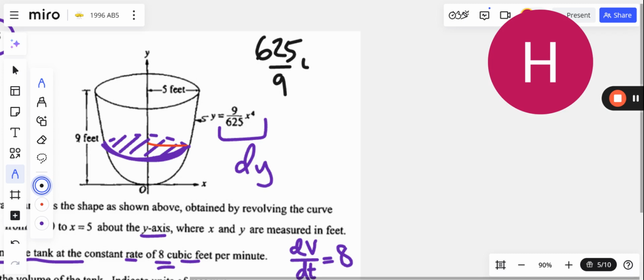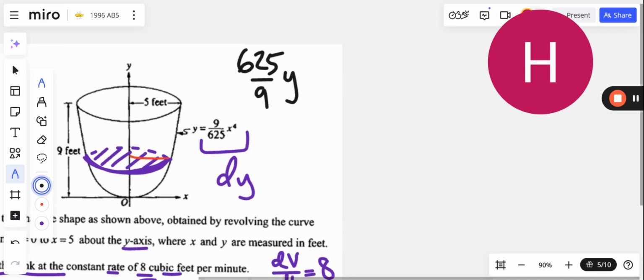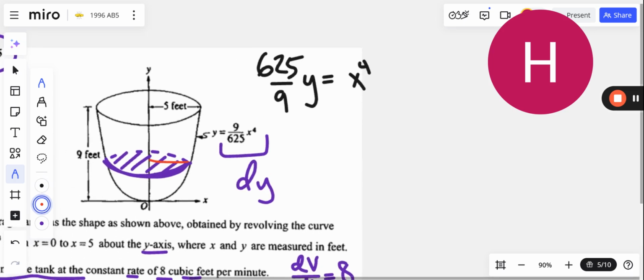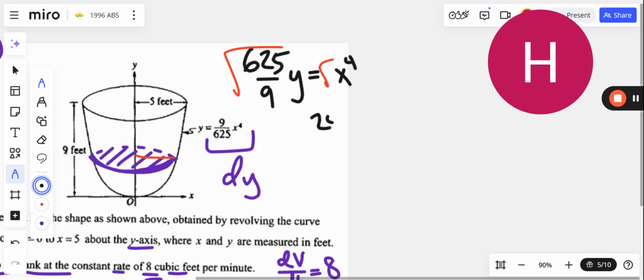That's going to get the y with some buddies here. And this is x to the 4th. So we just take a square root. Fortunately, those things are perfect squares. Oh, except for the y. So we're going to have 25 over 3 times the square root of y equals x squared.